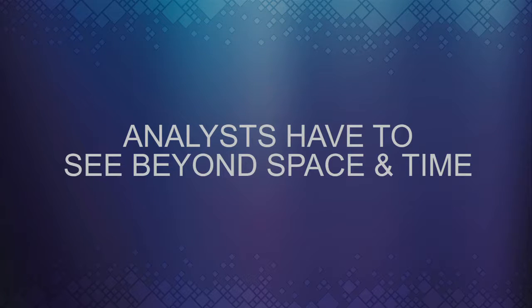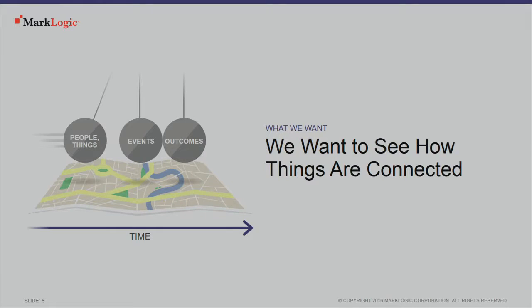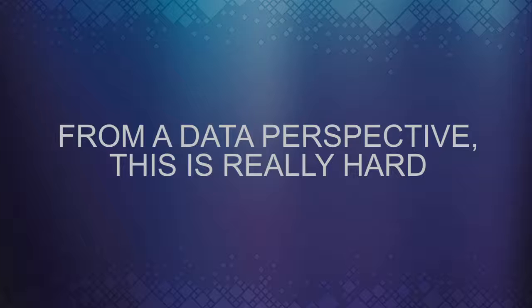They need to see beyond time and space. What we really want to see is consequence, how things are connected. So you'll have people and events, you want to know the outcomes from them, you want to put that in context of space and time, and also understand how they are connected.